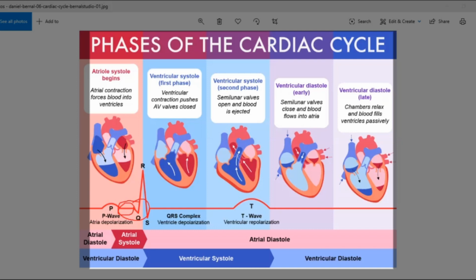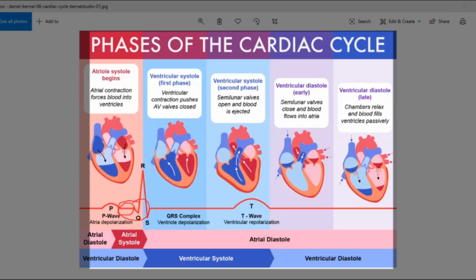So if I ask you, hey, when is the atrial systole? When does it begin, right? Or when does atrial diastole begin and end? You're gonna think back and you're gonna think, oh, PAD, P wave, atrial depolarization. So atrial systole is happening during the P wave on the ECG, right?